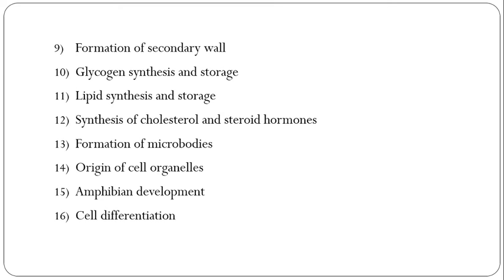In rat liver cells, there are about 70 to 100 microbodies with an average diameter of 0.6 to 0.7 micrometers. Microbodies are formed as dilations of the endoplasmic reticulum and frequently show connection with the ER cisternae.